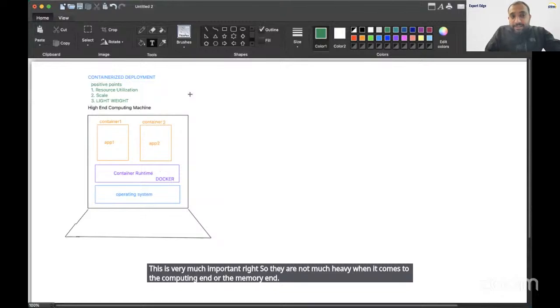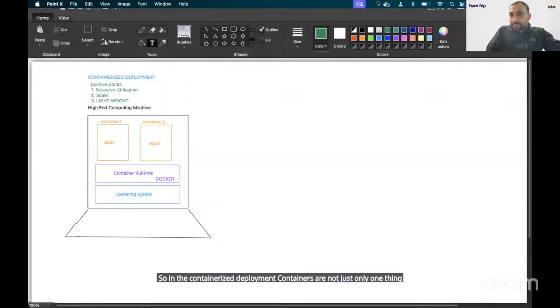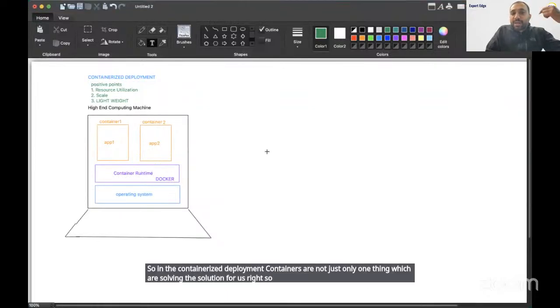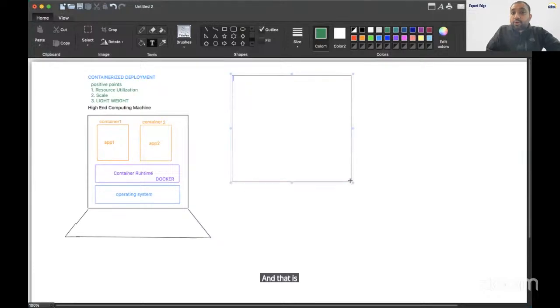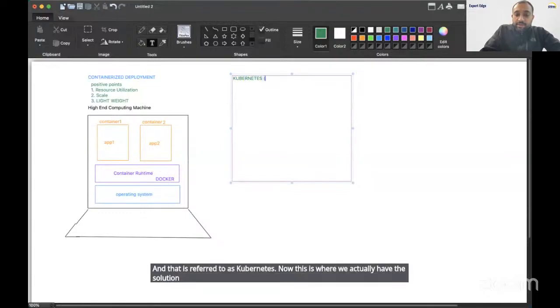In the containerized deployment, containers are not the only thing solving the problem for us. We have one more technology stack coming into this containerized deployment, and that is referred to as Kubernetes. This is where we actually have the solution when we are talking about scale.